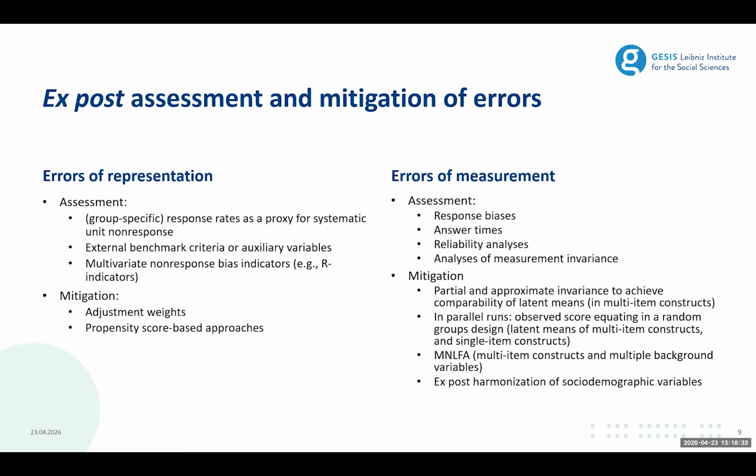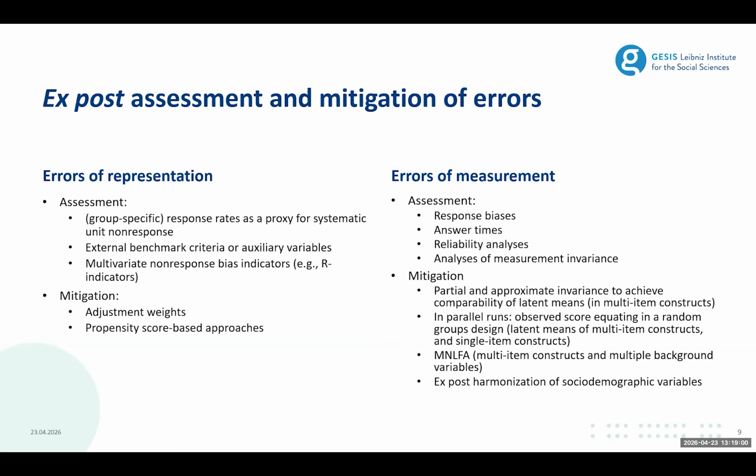Then there's the option of using external benchmark criteria, meaning using variables of which we know the true and actual population distribution. Usually we're using certain socio-demographic variables for this. There's also the option to use other auxiliary variables like paradata from the fieldwork process or internal criteria.